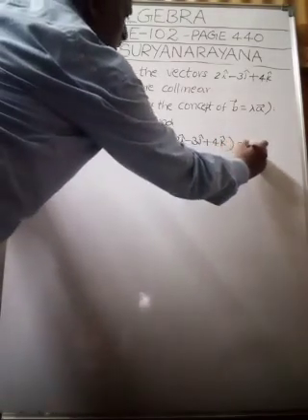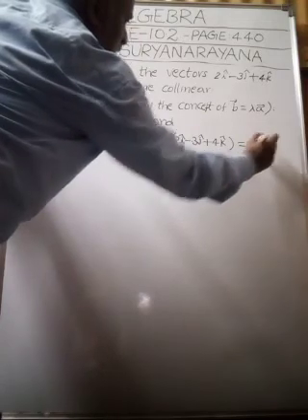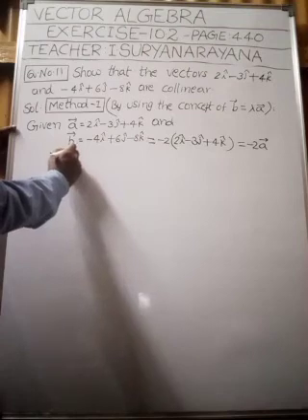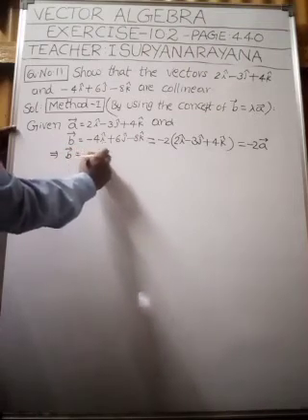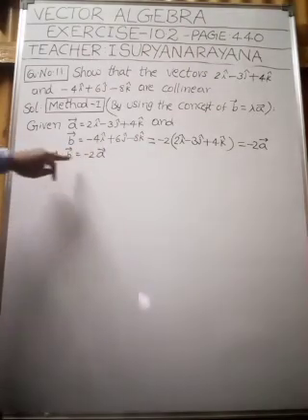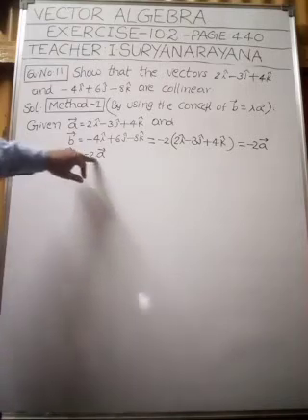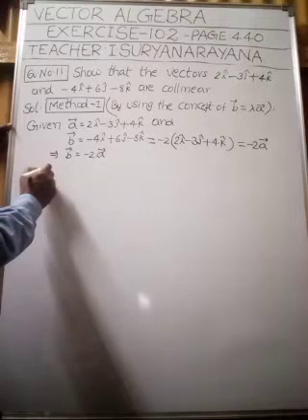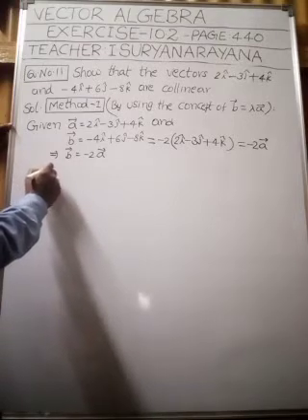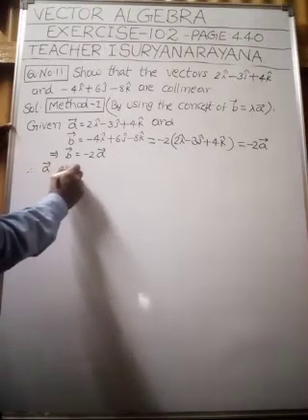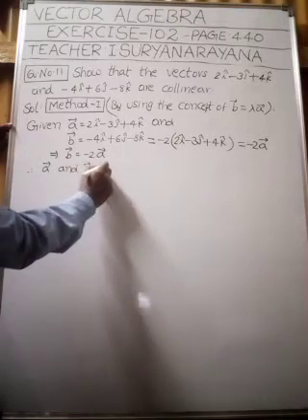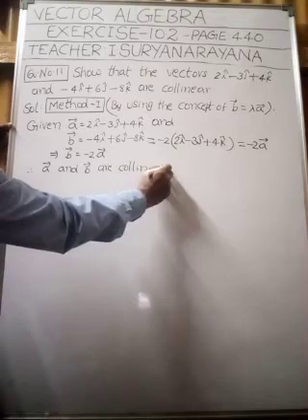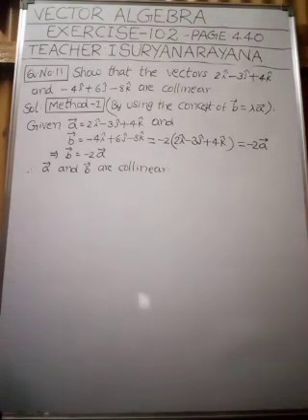That is equal to minus 2 into a bar. So we wrote here b bar is equal to some constant into another vector a bar. So we can say that these two vectors are collinear. Okay, my children? Therefore a bar and b bar are collinear. Understood, my children, this method?